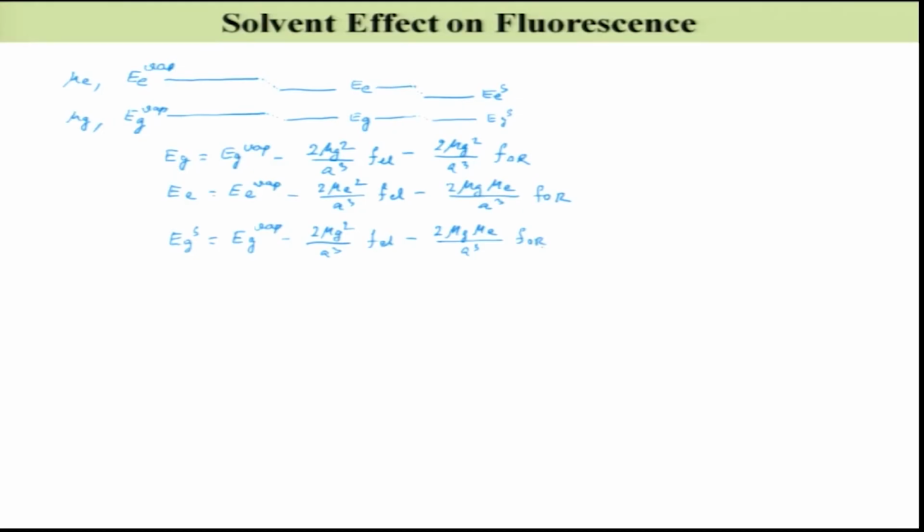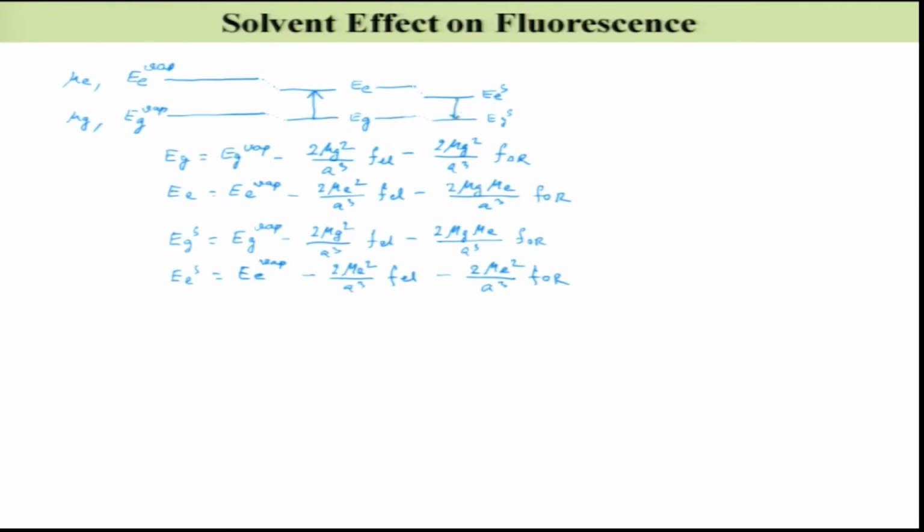And E E S is E E vapor minus twice mu e square by a cube f E L minus twice mu e square by a cube f O R. So we got these four equations, right. If we take E E minus E G, that is going to be my absorption spectra of that solute in that solvent, and E E S minus E G S is my emission spectra.